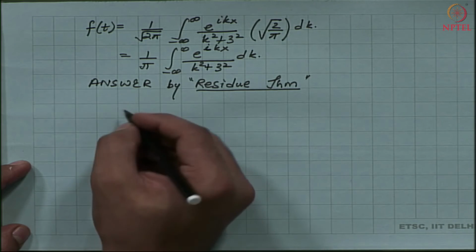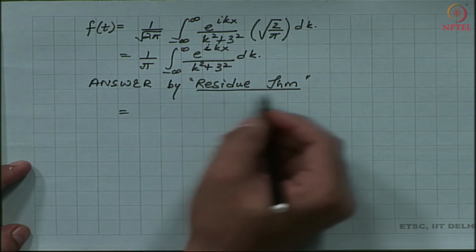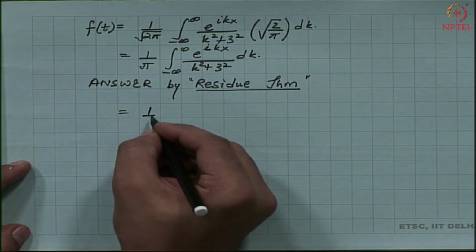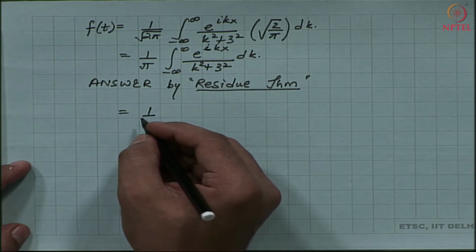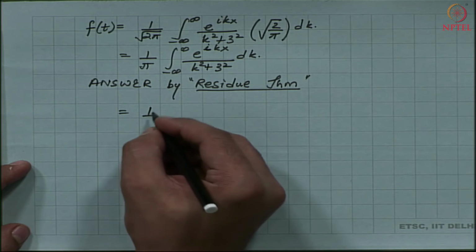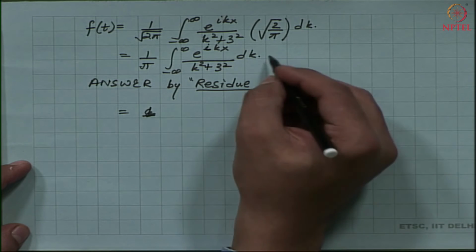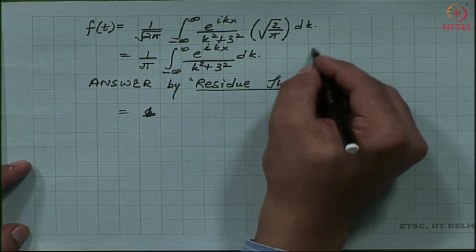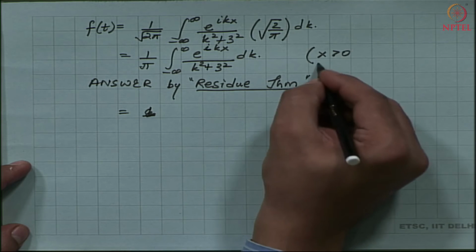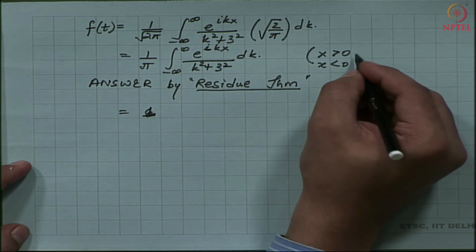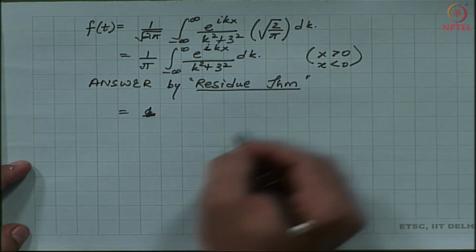If we were to find the answer by the residue theorem, there are two cases now, right. I can have either x positive or x negative. It is an either or situation.